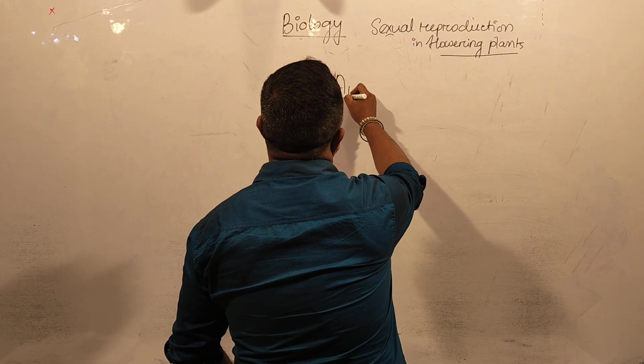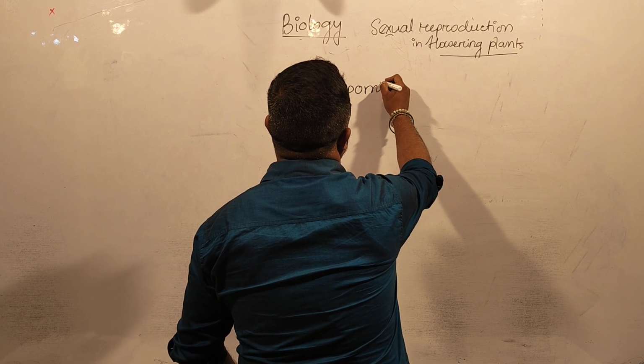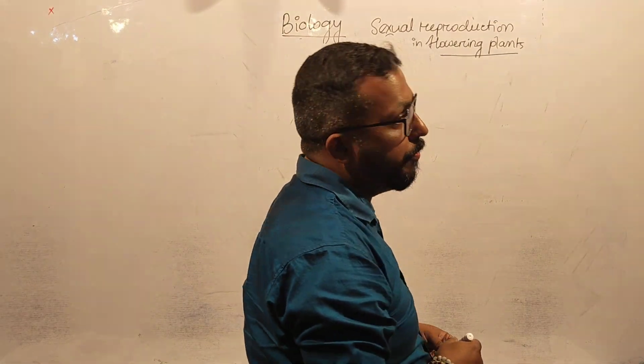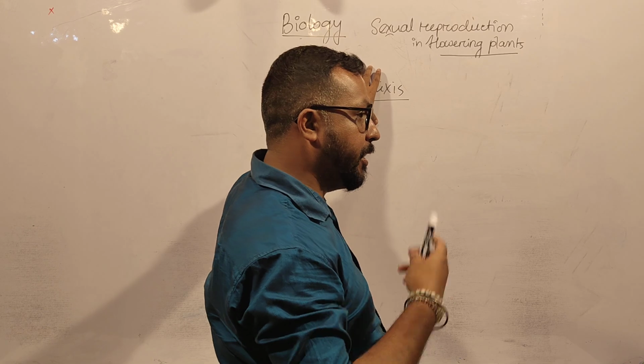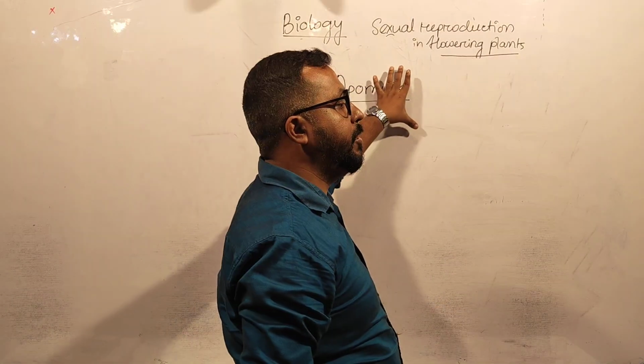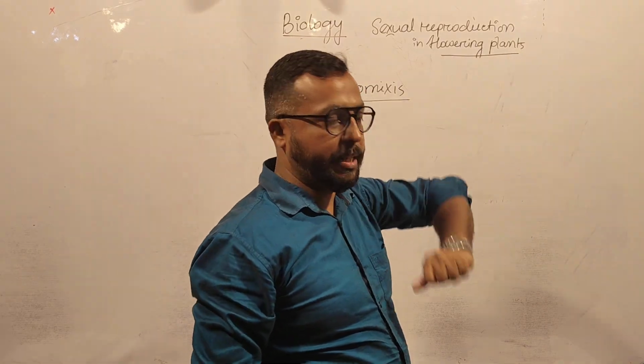Then we have the last two concepts. One is apomixis, that is formation of seed without fertilization. Parthenocarpy is formation of fruit without fertilization. Apomixis is formation of seed without fertilization.